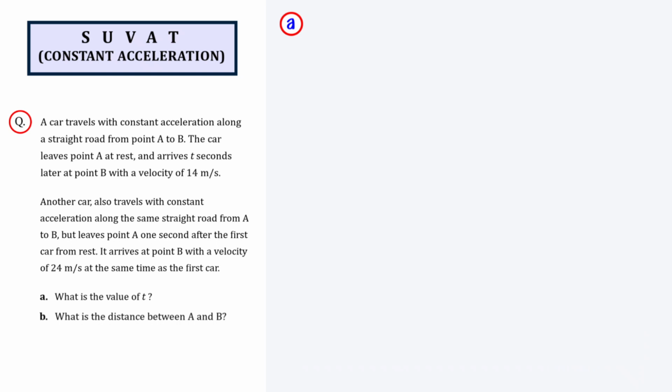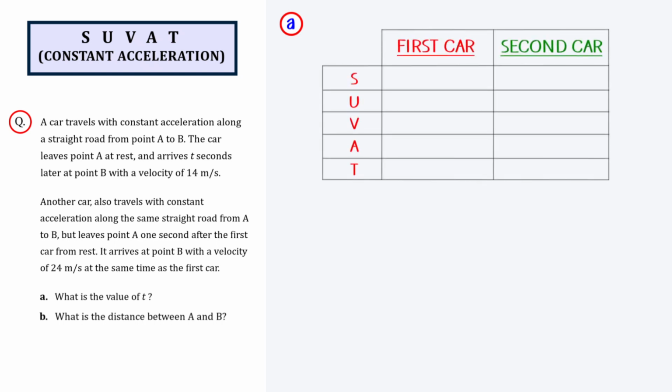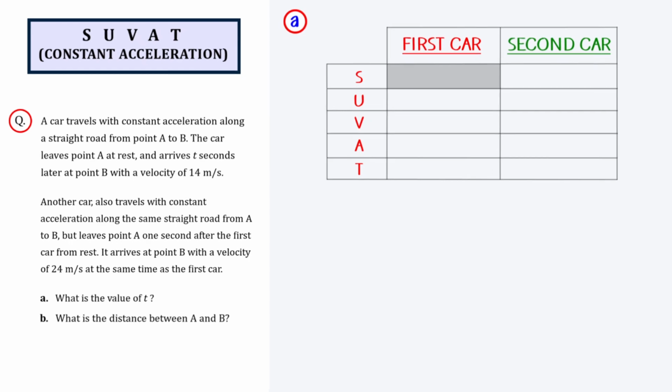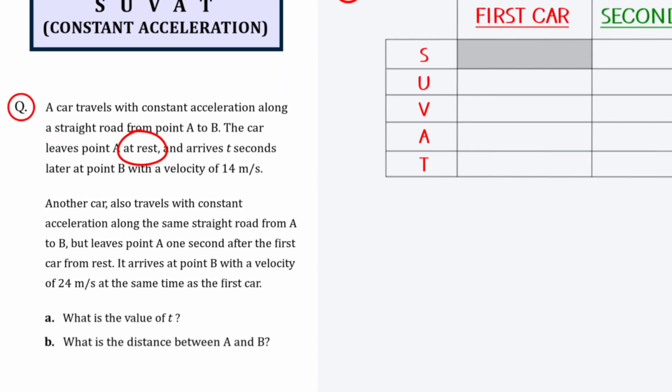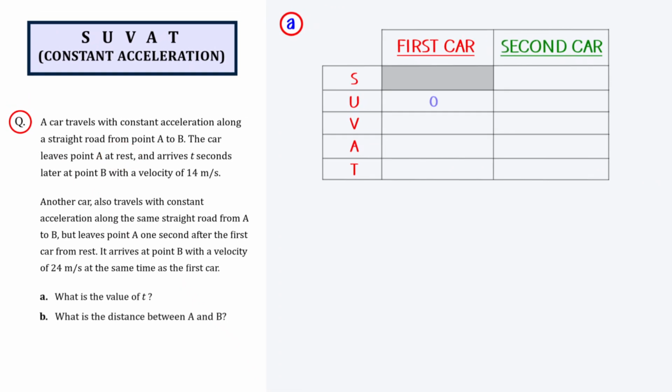And as with all SUVAT type questions, let's make a list of what information we've got. So for the first car, we don't have any information about the distance travelled, and so we can leave this blank. And the question tells us that the initial velocity is at rest, which means it's equal to 0. And the final velocity is 14 meters per second.